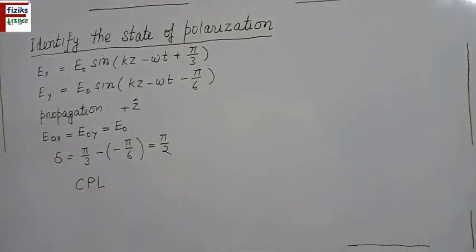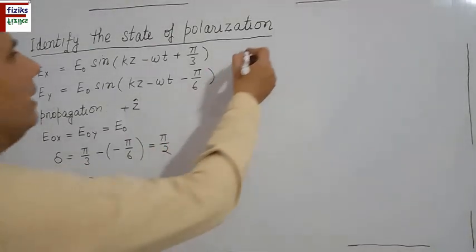But now we have to find out whether this circularly polarized light is left circular or right circular polarized light. So again we will place z equal to 0.